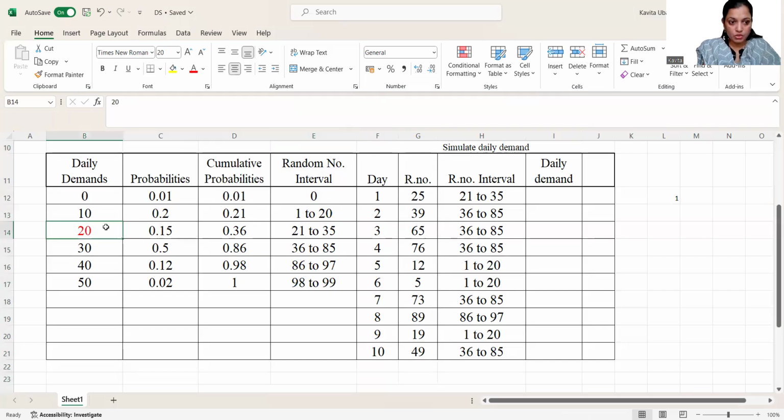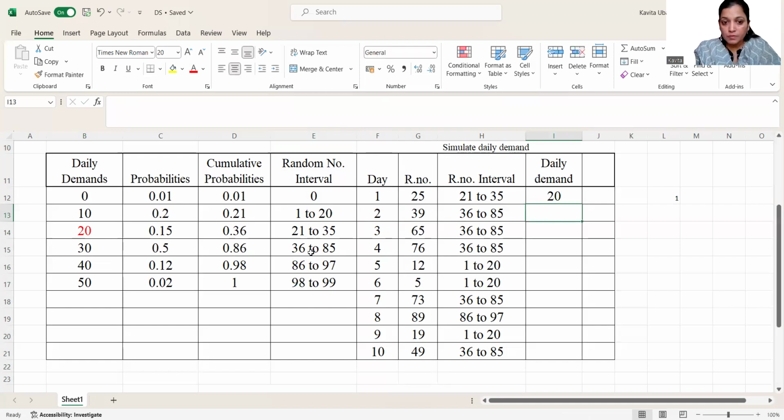I have marked this 20. So when your random number lies between 21 to 35, the daily demand is 20, having probability 0.15.